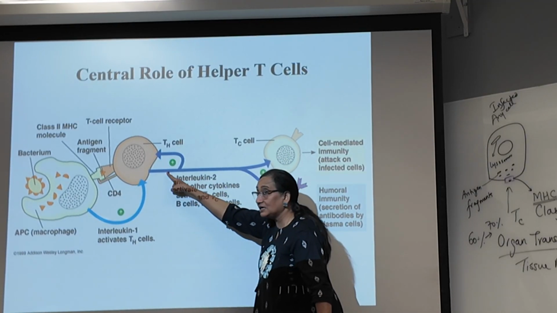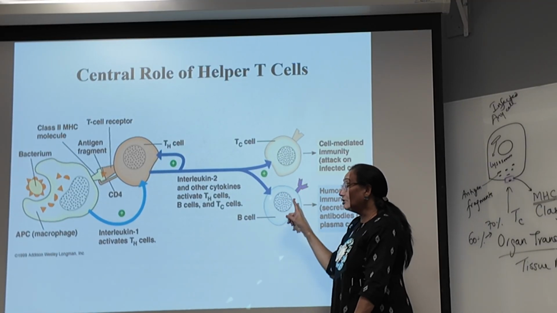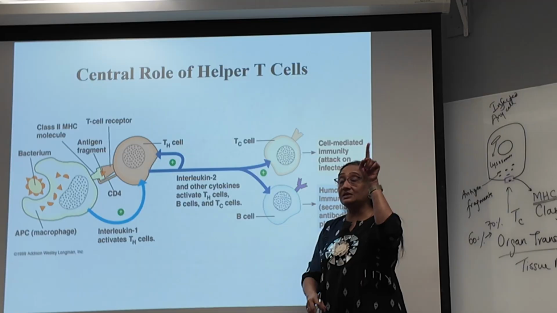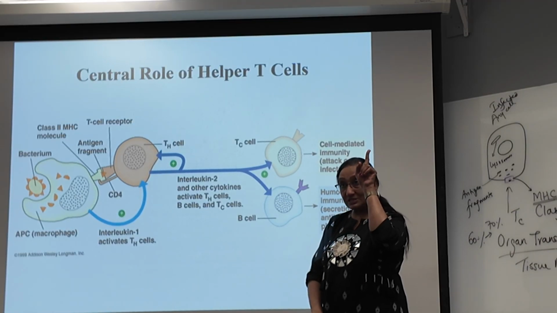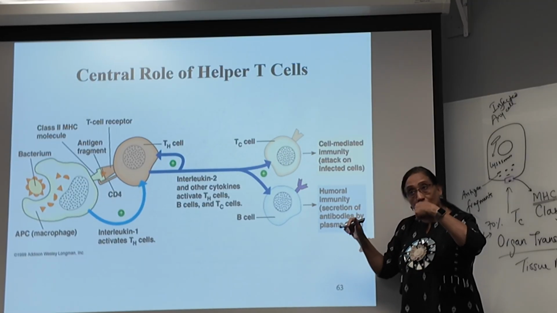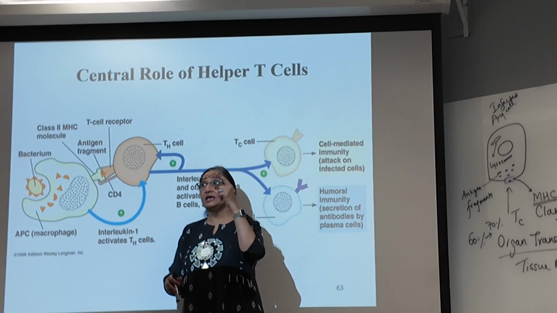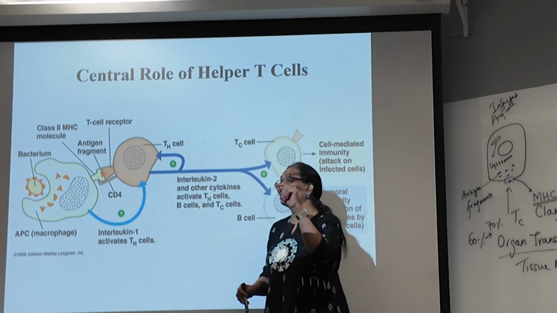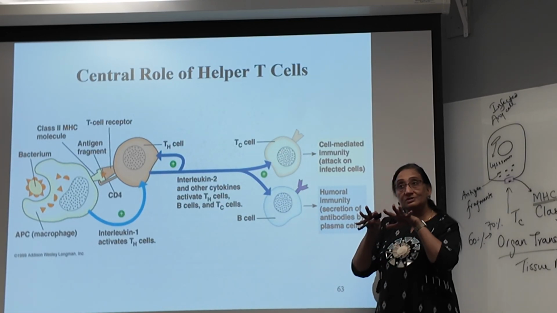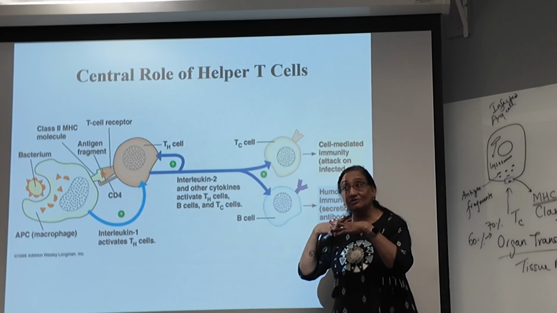And at the same time, the cytokines released by the T helper cell will also activate the specific B cells which can produce the antibodies to go around looking for the pathogen in the blood or in the extracellular spaces to destroy it. So that's where you see that both arms of immunity come into effect.